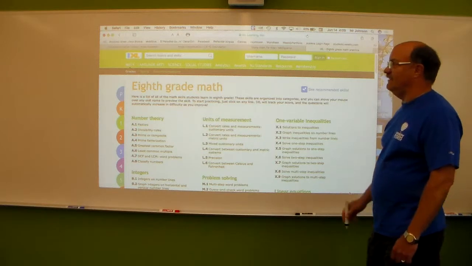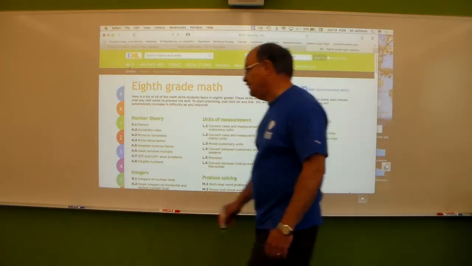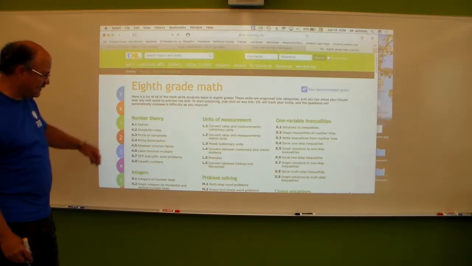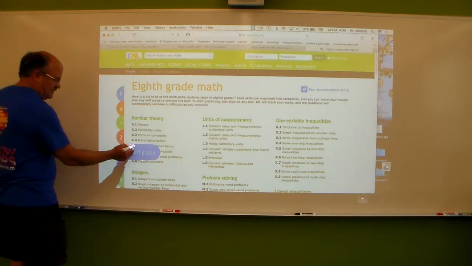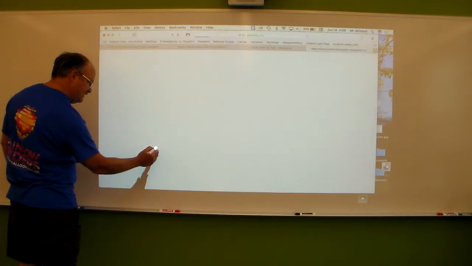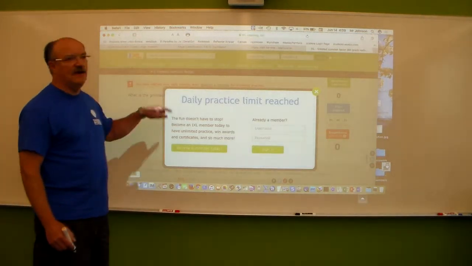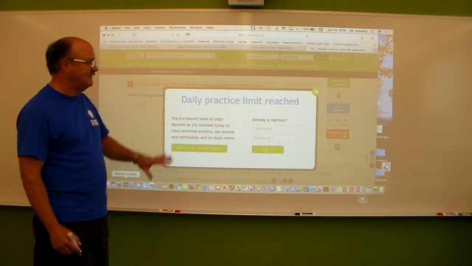I already have it on 8th grade math, which is what we would be discussing because we're doing pre-algebra. So here, for example, is prime factorization again. Here's greatest common factor. Now I already did the practice to check and see if this was a good website or not.